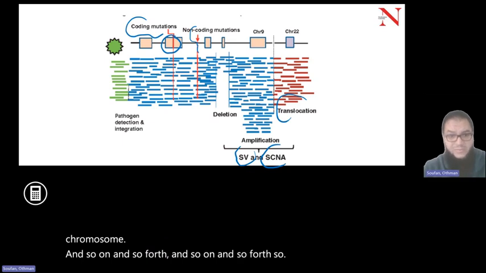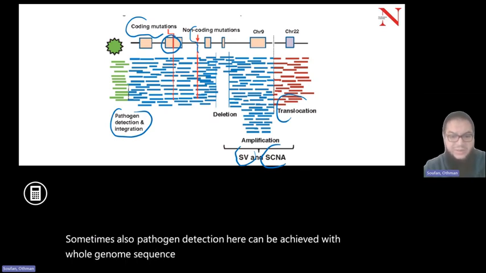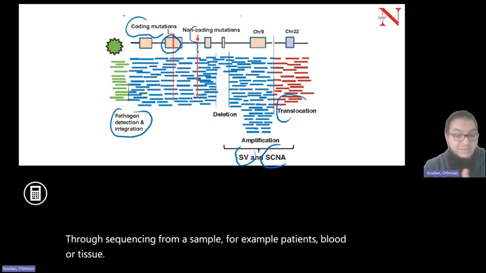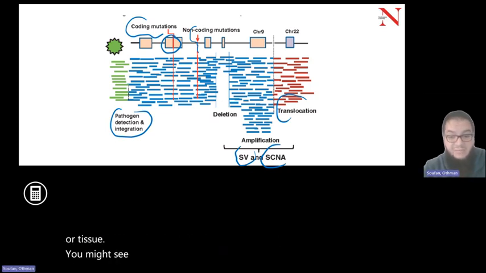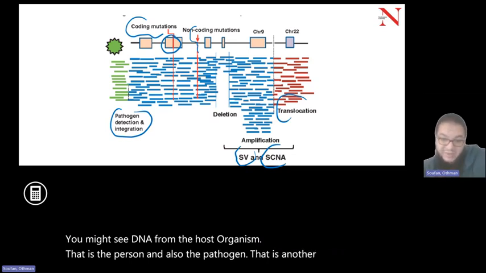Sometimes also pathogen detection can be achieved with whole genome sequencing. If we are sequencing from a sample, for example a patient's blood or tissue, you might see DNA from the host organism, that is the person, and also the pathogen, that is another organism entering the space.